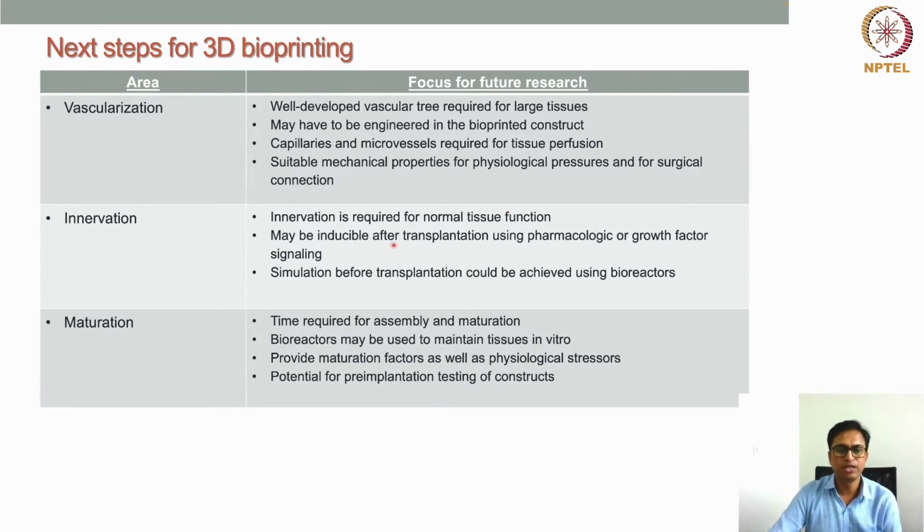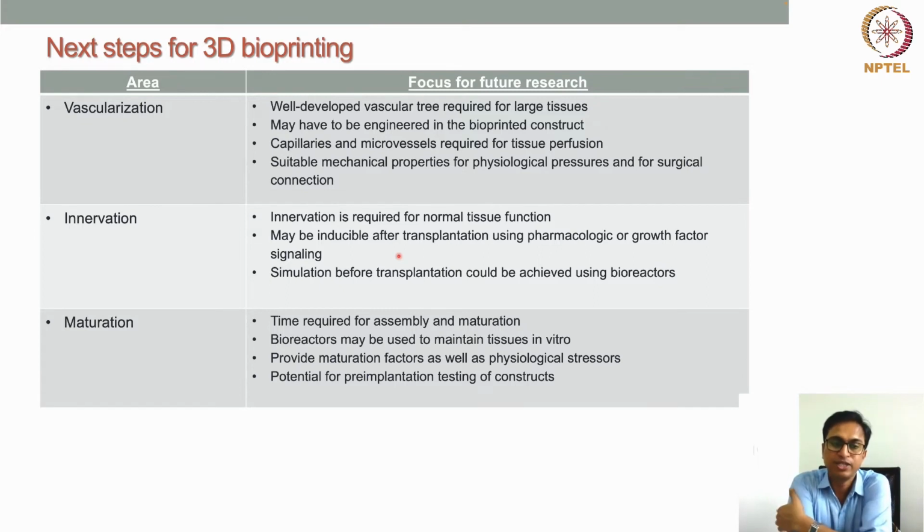It may be inducible after transplantation using pharmacological or growth factor signaling. So many times during the bioprinting process, when you develop a particular bioprinted tissue or construct and cannot recreate that kind of nerve structure, you can use some other strategy, like pharmacological agents or growth factor signaling to generate the nerve structures there.